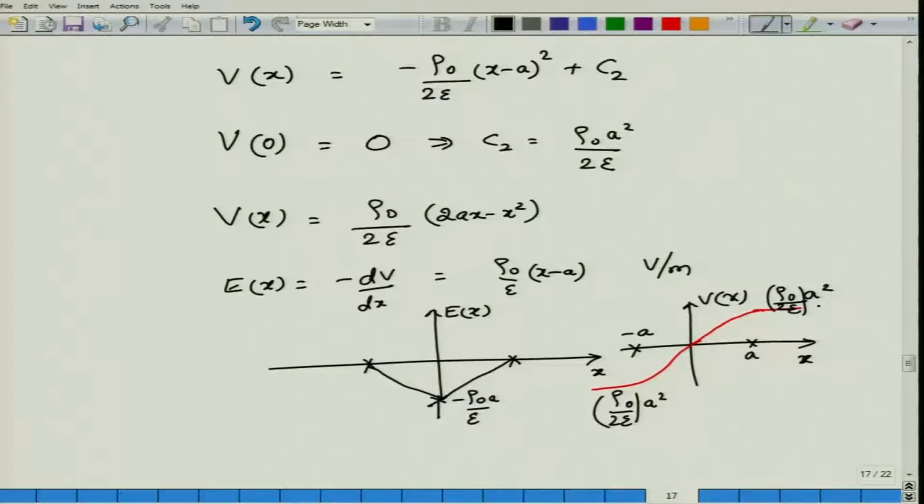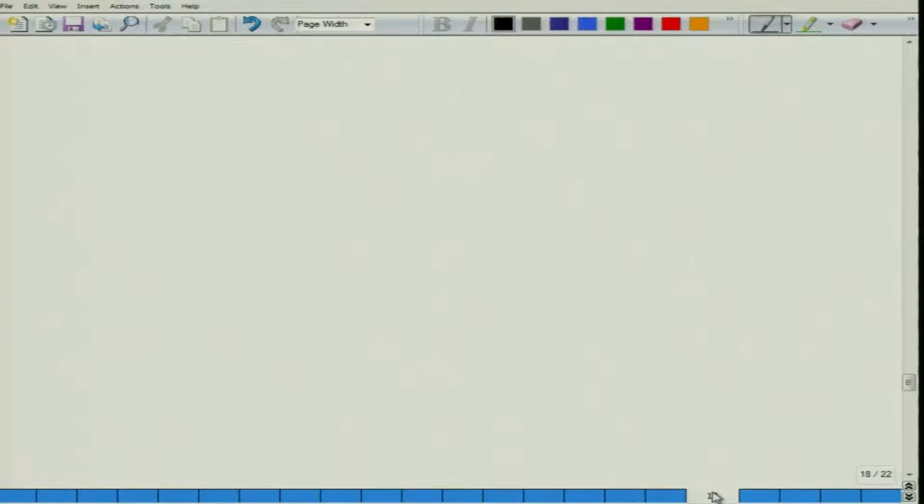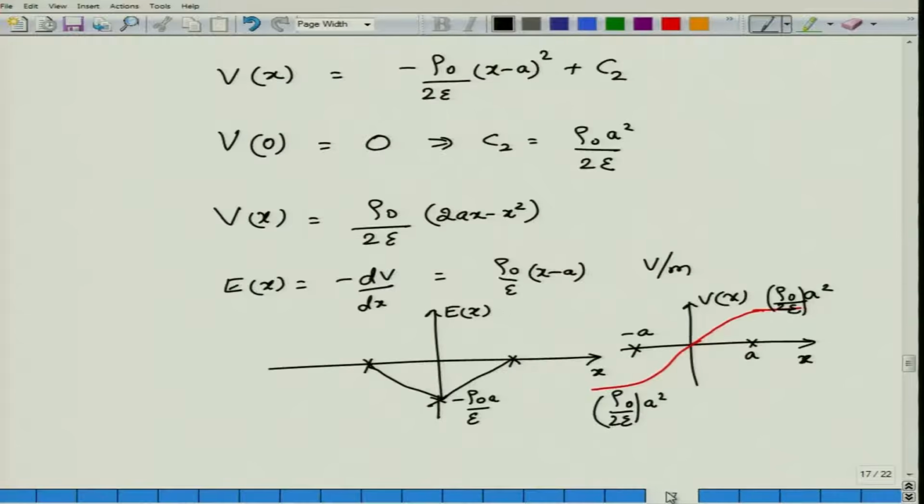Now that we have potential as well as the electric field, we can also calculate the capacitance of the junction. The capacitance will be given by the total charge contained by one particular side, divided by the potential difference that we have applied.